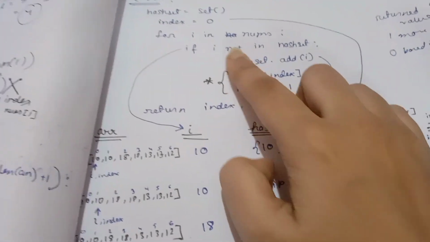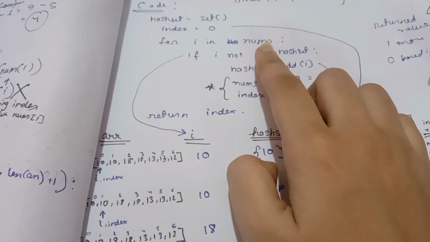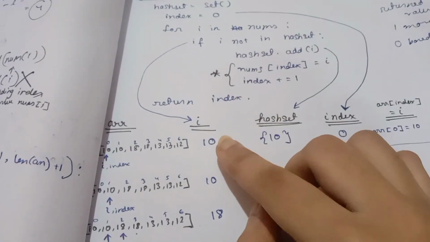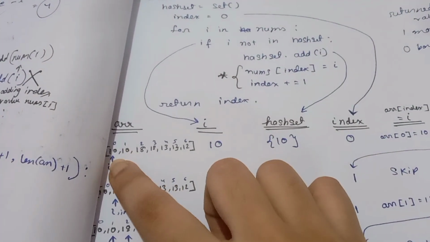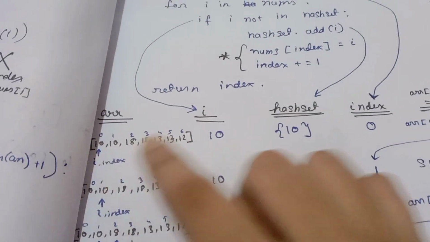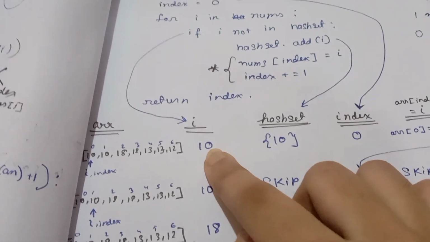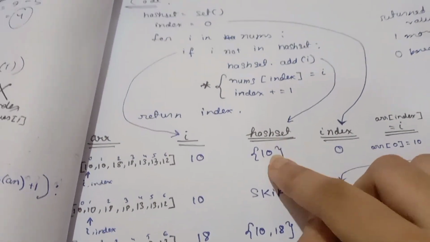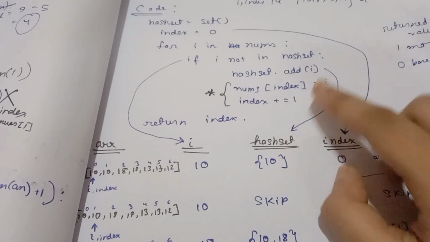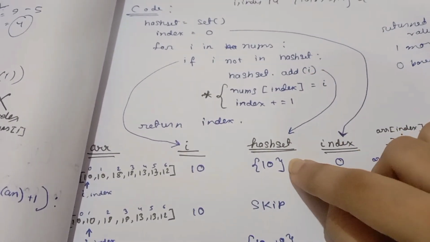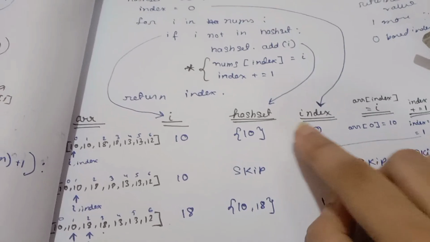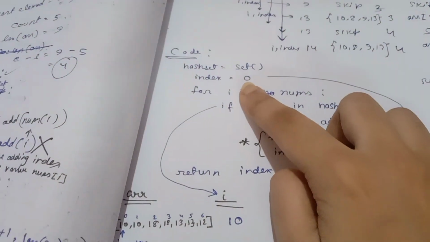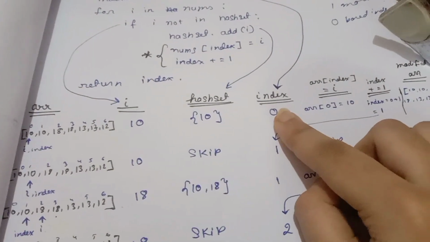If the element is not present in the hash set, then, in the first case, the first element is 10. So if we put 10 here, we insert it in the hash set, because this line is coming from here. Initially we have taken the index as 0.